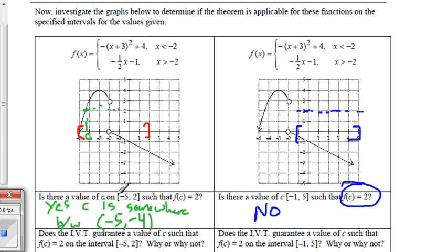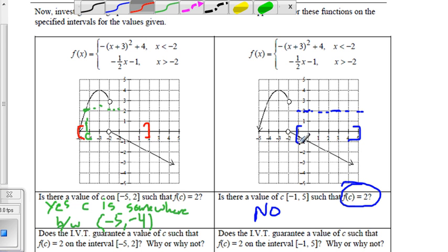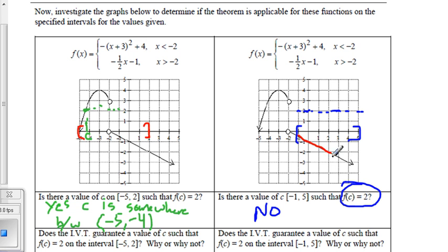And so to answer the second part, does the IVT guarantee a value of c such that f of c equals 2 on the interval from negative 1 to 5? Why or why not? Now, even though it's continuous, if I look all the way between here and all the way down, it's continuous.